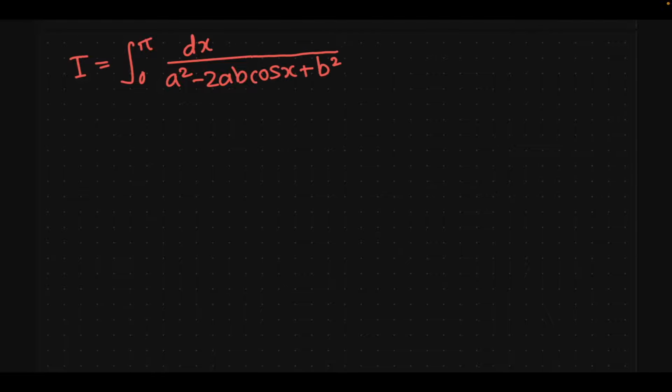So first of all, the integral is from 0 to pi, dx over a squared minus 2ab times cosine of x plus b squared.